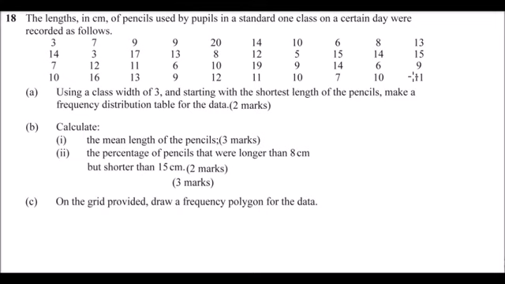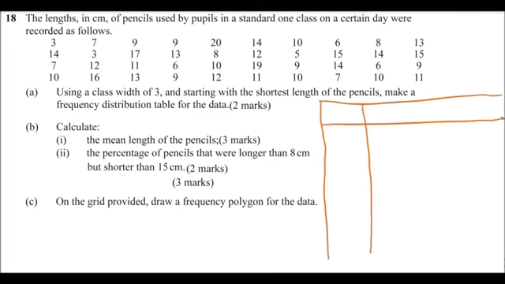So part A, we are told, using a class width of 3 and starting with the shortest length of the pencil, make a frequency distribution table for the data. So I'm going to make my frequency distribution table here. I'll have the first column, which I'll label as the class.